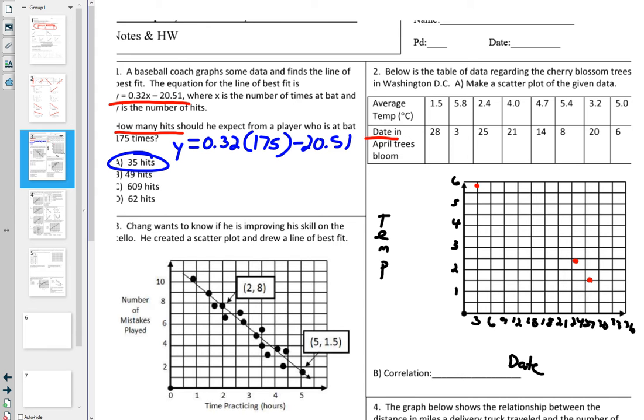That appears to be negative. 4.0 and 21. 4.7 and 14. 5.4 and 8. 3.2 and 20.